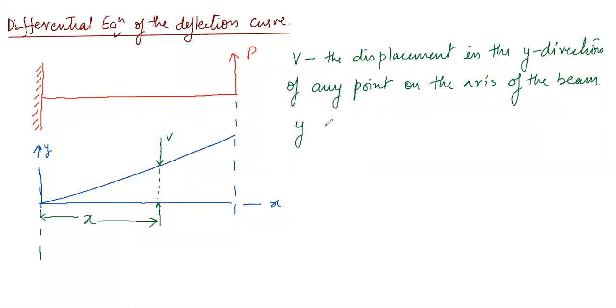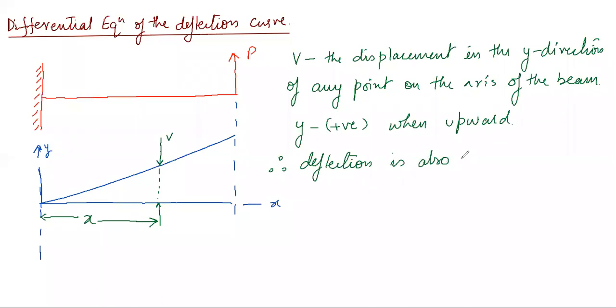Here the y axis is considered positive when upward, right? Therefore deflection is also positive when upward, right? So these are the conditions that we have defined.